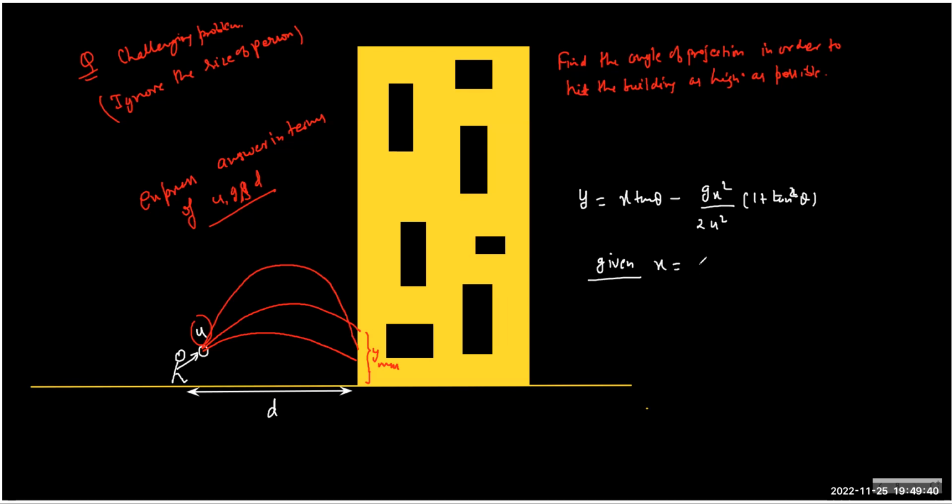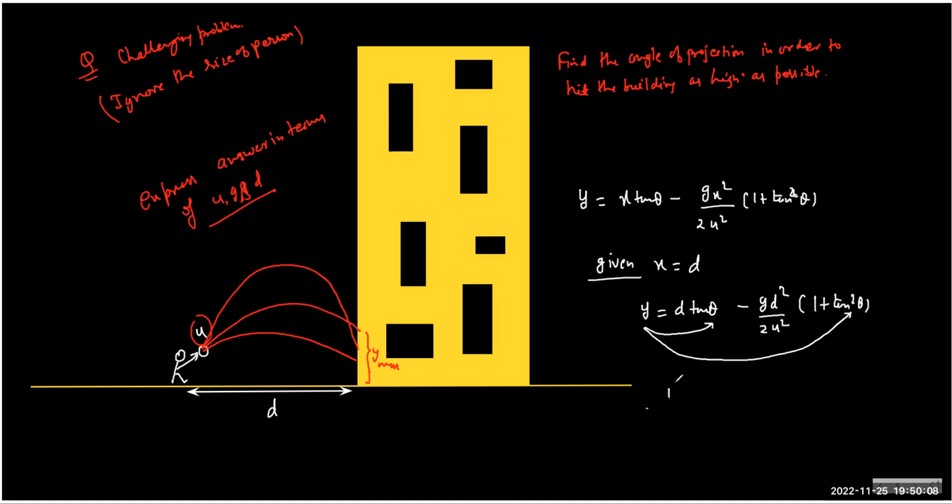D. Substitute. And if you look carefully, y is a function of theta. Y depends on theta. So now theta is the only variable. So as you change the theta, y will change.